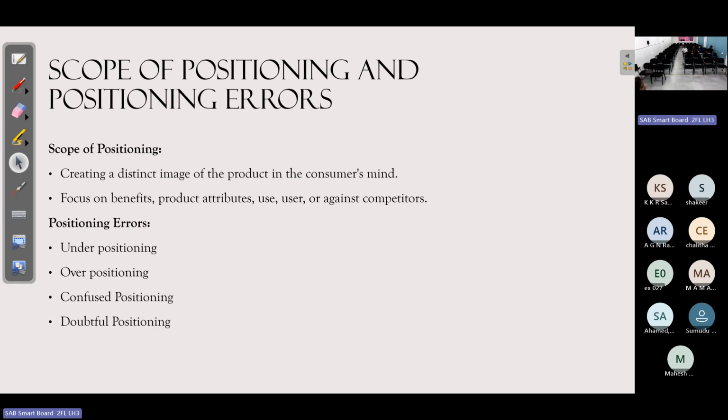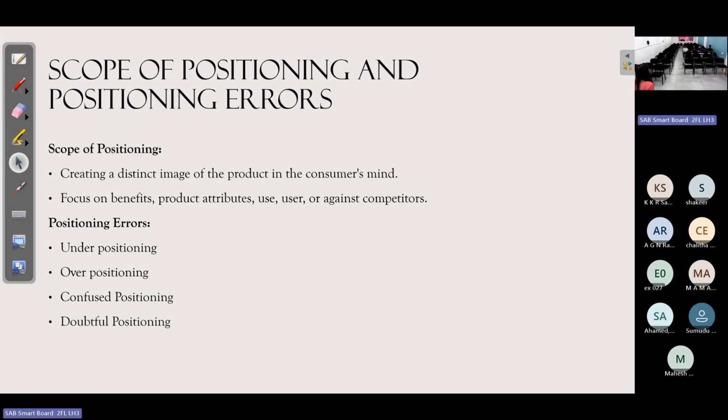Then the last one, doubtful positioning. Here, doubtful positioning means they are giving unrealistic information, right?